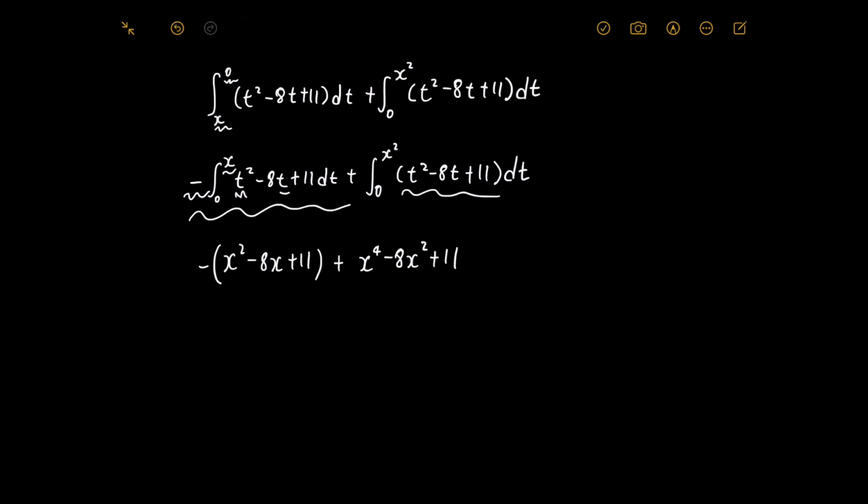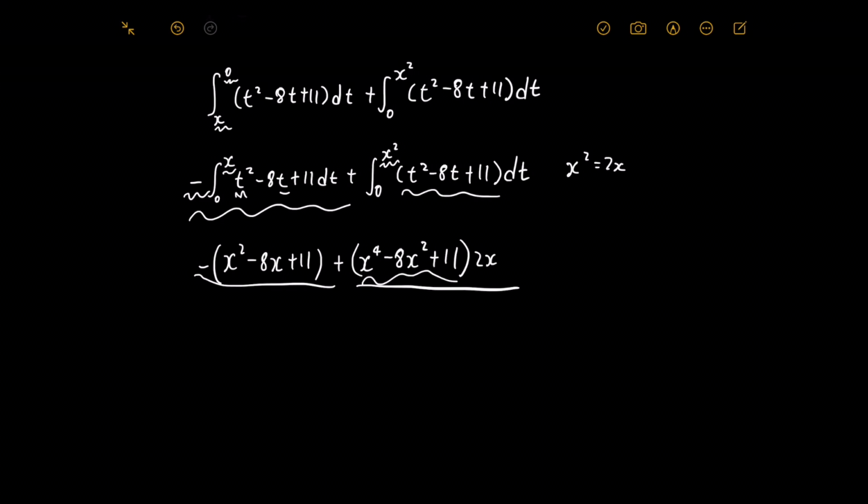But there's one more step we have to do, and that is to multiply this function by the derivative of this boundary. The derivative of x squared is 2x, so we multiply by 2x. Let's simplify this function.